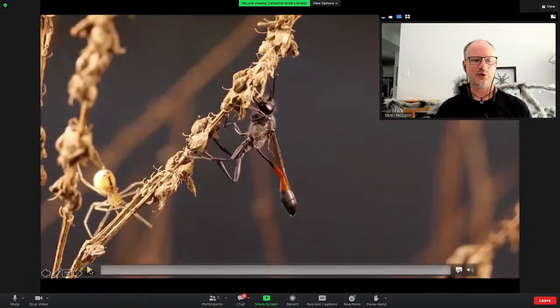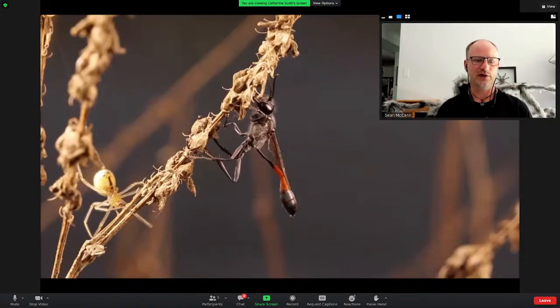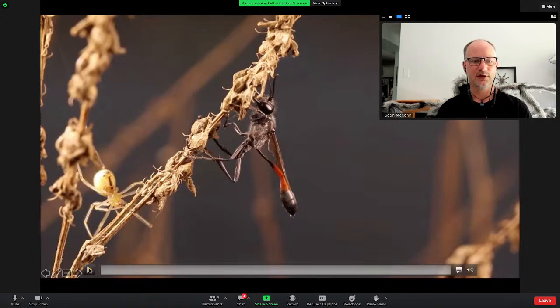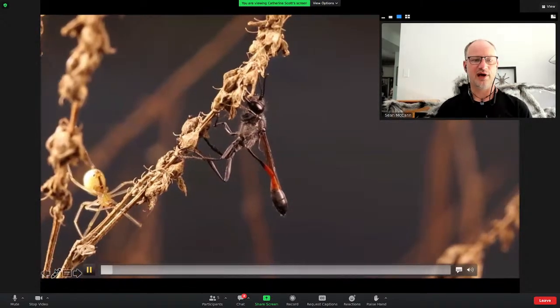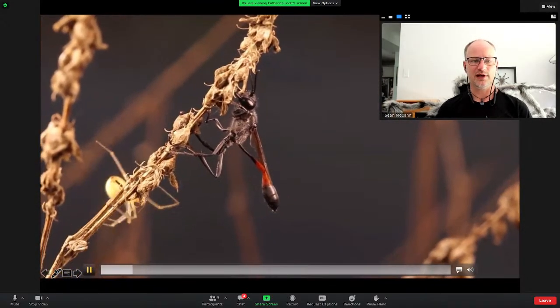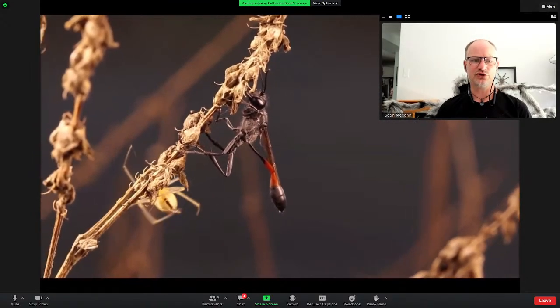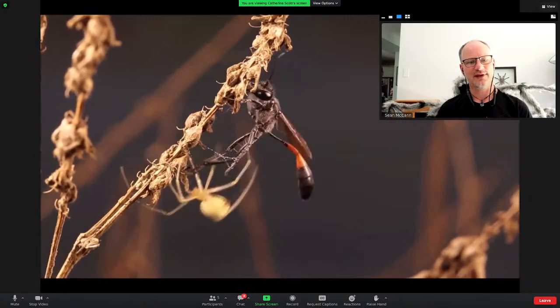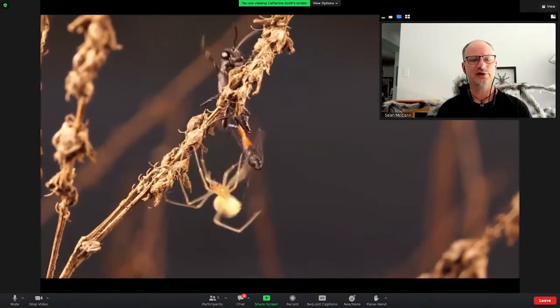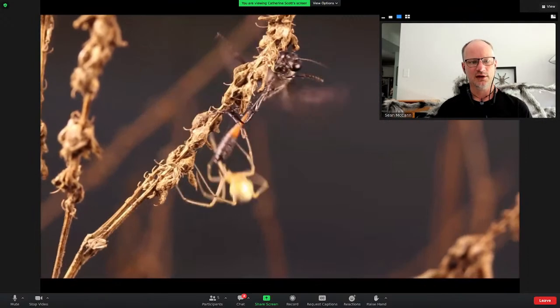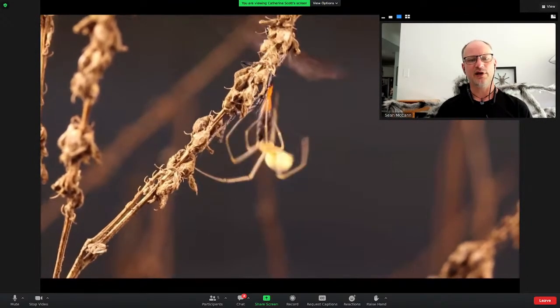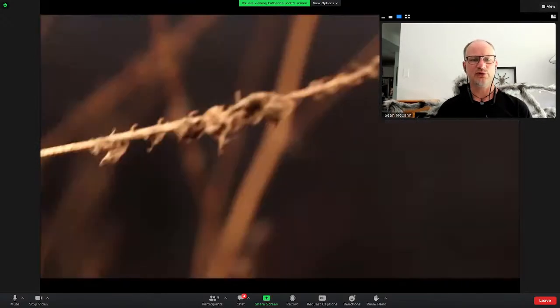All right, so this one wasn't an engineered predation attempt. This is one we came upon in the wild. We saw the spider rappelling over to this perch where we knew that wasps were perched. It's a little shakier because it's handheld video, but the Ammophila wasp is getting covered up. You can see the wasp is actually able to respond to some extent.